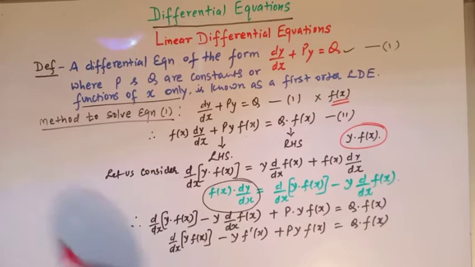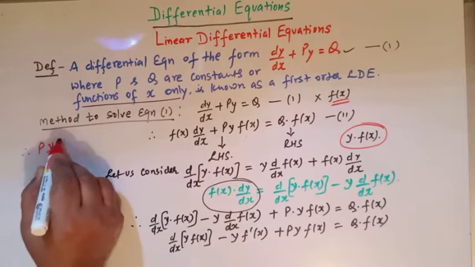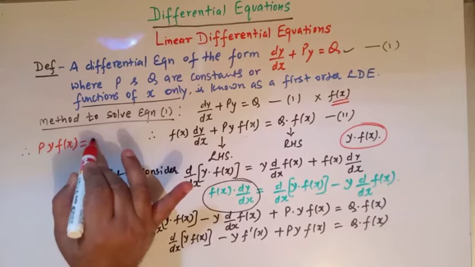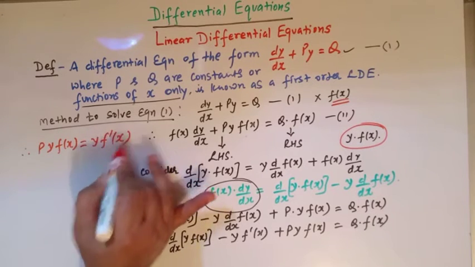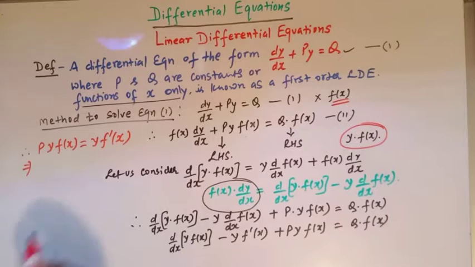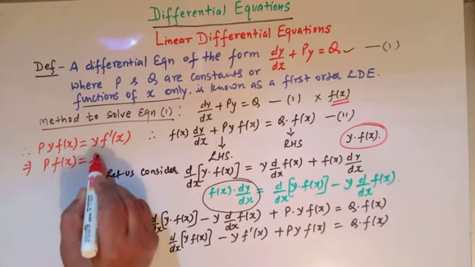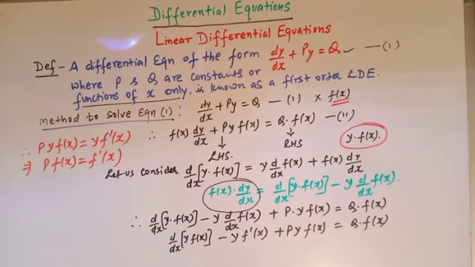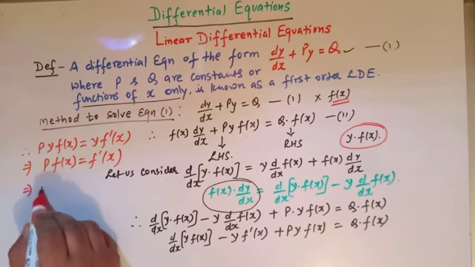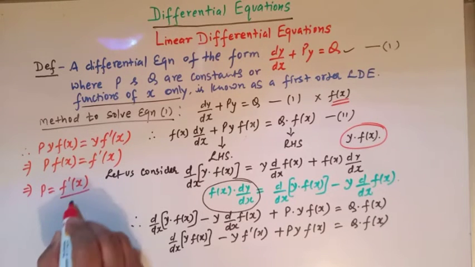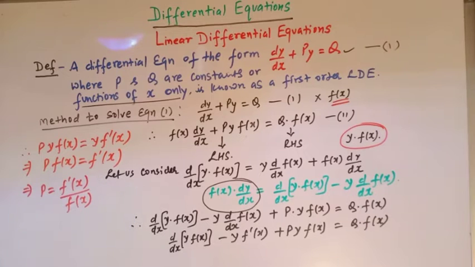So therefore we must have p times y f of x is equal to y f prime of x. Clear? So this can be written as p f of x is equal to f prime of x. Clear? We can write it like this: p is equal to f prime of x divided by fx. Clear?